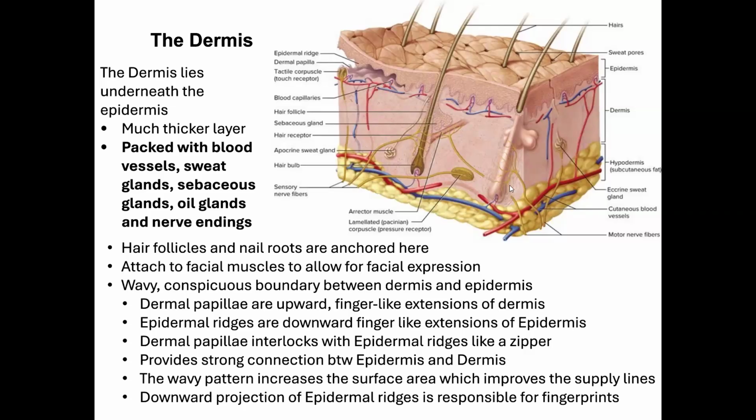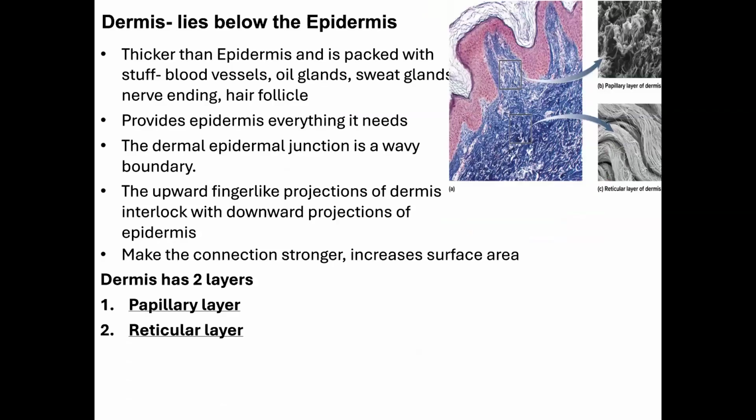Yeah. So it acts like a zipper. And the reason for this particular arrangement is that it makes that connection stronger, and it also increases the surface area. Because I told you the epidermis is avascular. It gets all its supplies from below. So you need a big area for all the material to diffuse.